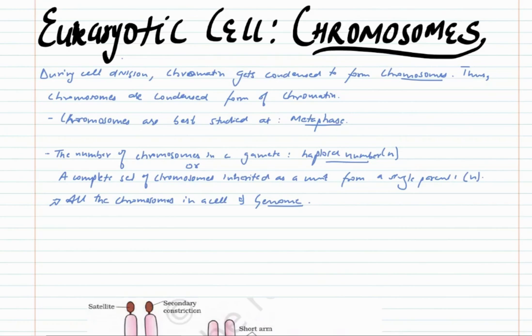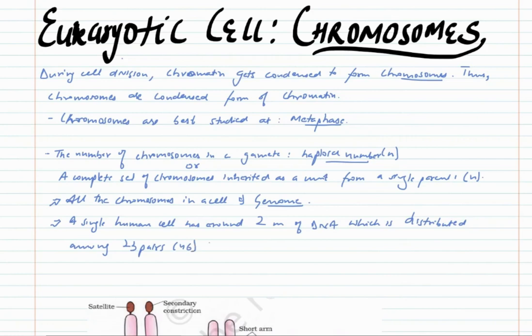A single human cell has around 2 meters of DNA, which is distributed among 23 pairs, or in total of 46 chromosomes.